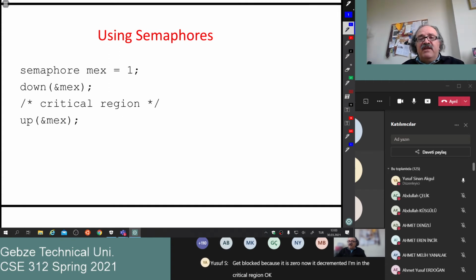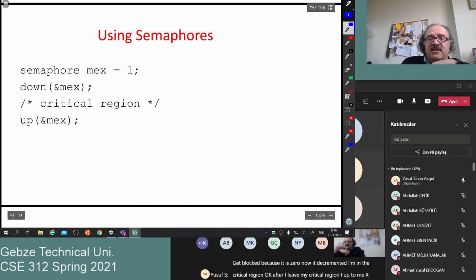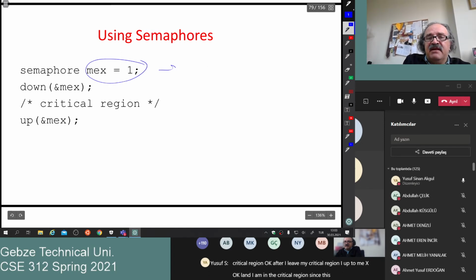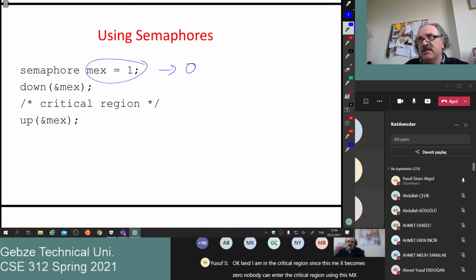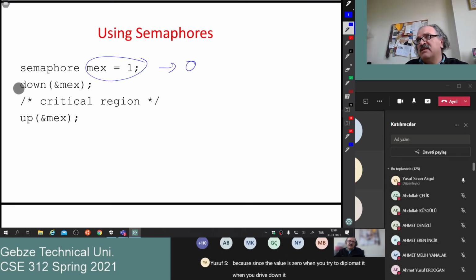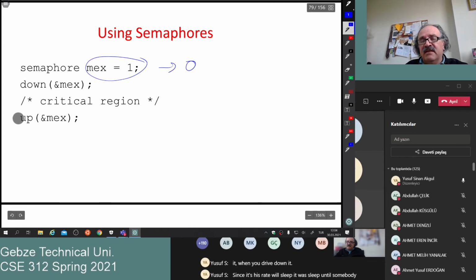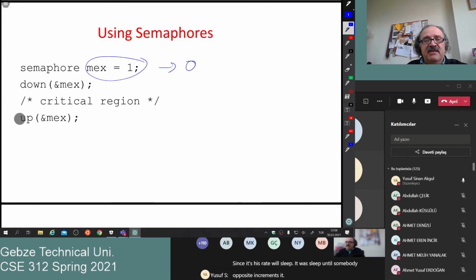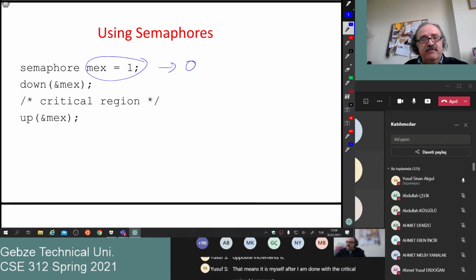After I leave my critical region, I up the MEX. When I am in the critical region, since this MEX becomes 0, nobody can enter the critical region using this MEX, because since the value is 0, when you try to down it, it will sleep. It will sleep until somebody ups it, increments it. That means it is myself. After I am done with the critical region, I increment the semaphore.